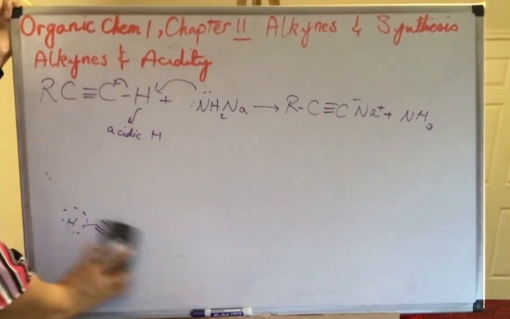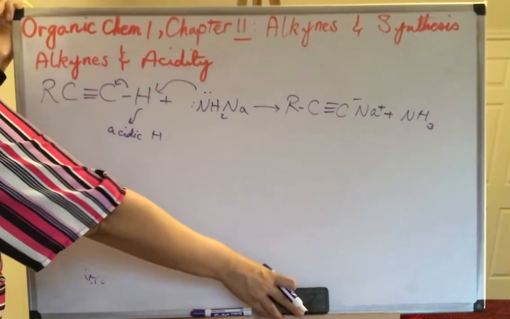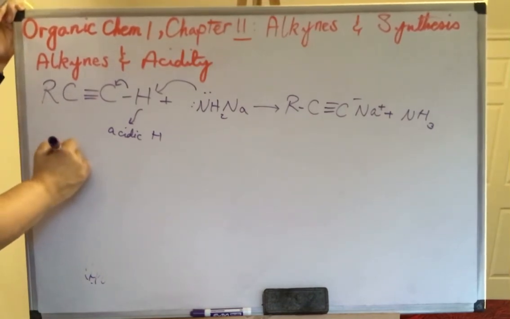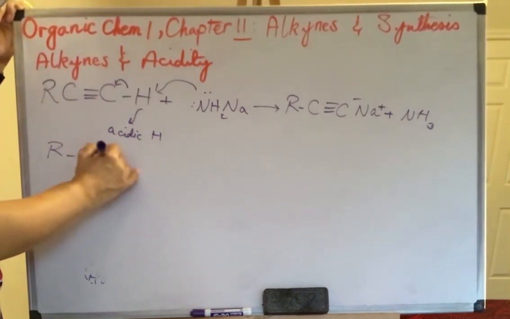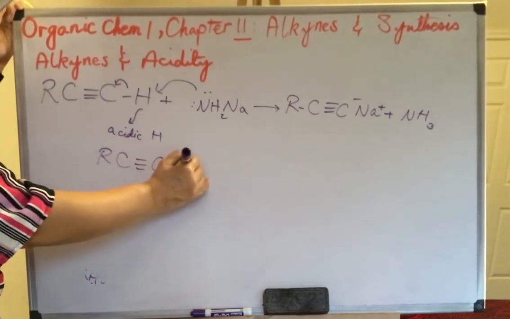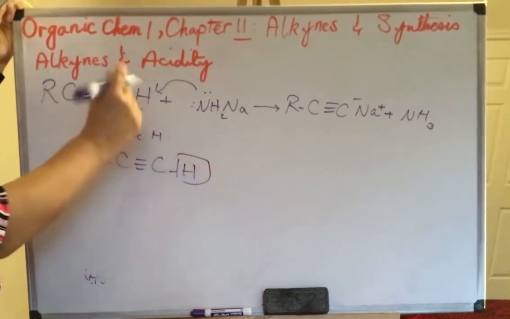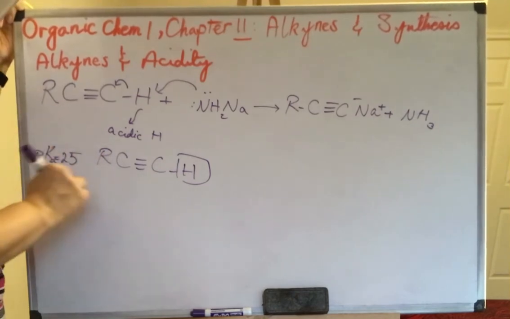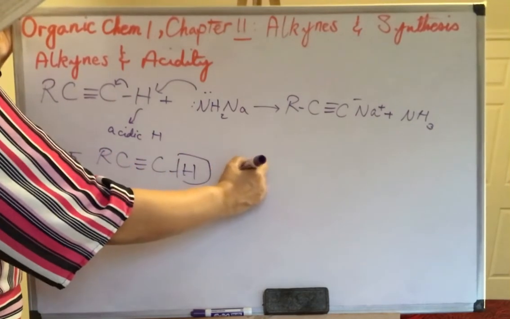So why is that the reason? If you compare the acidic properties of an alkyne, this is the hydrogen, pKa is 25 for an alkyne.